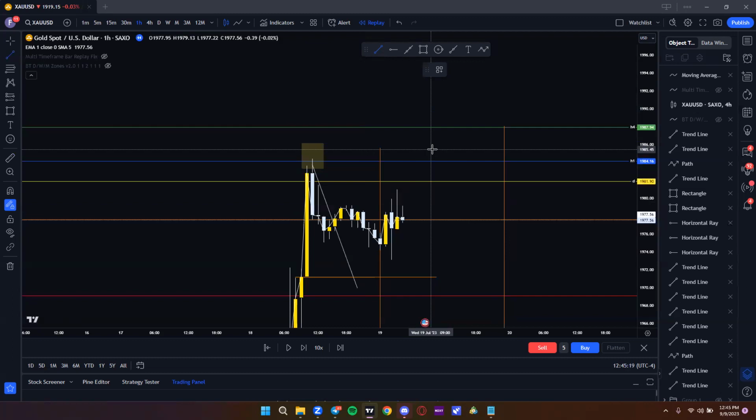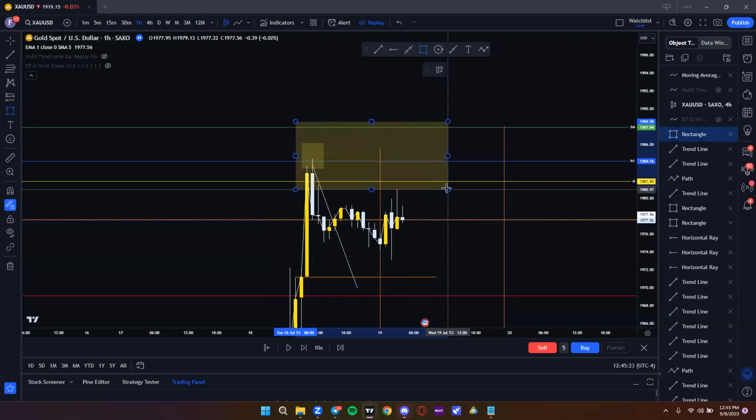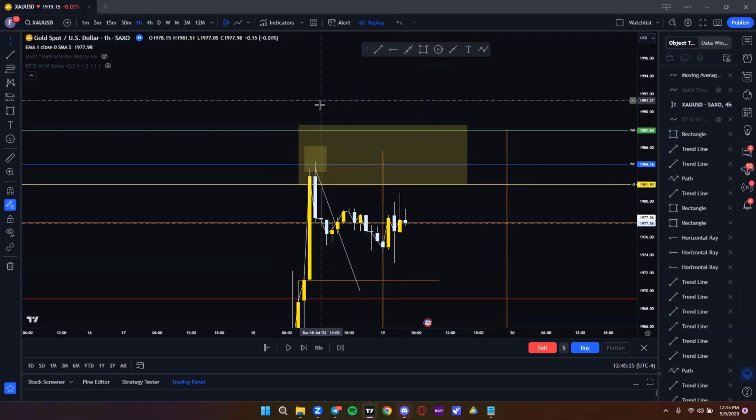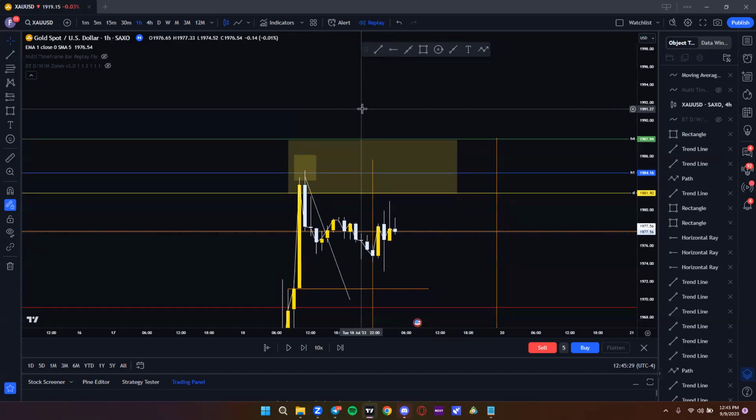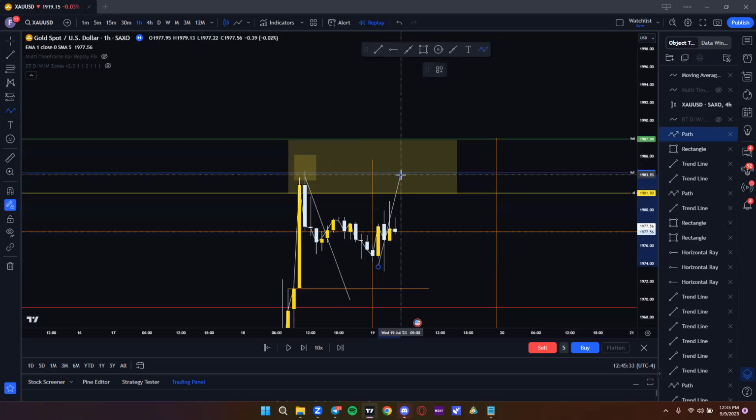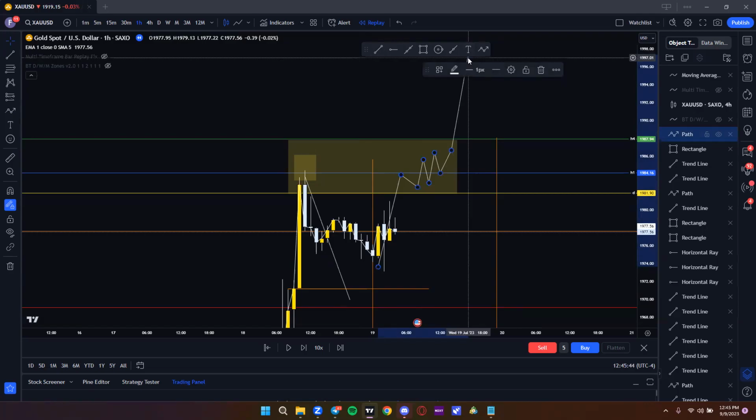And me not using a stop loss, say a stop loss is right here. Many people will say, I'll just use a 35 pip stop loss, and within this range it's okay for price to do this. It's all right, price can do that. But no, price can just continue going up.